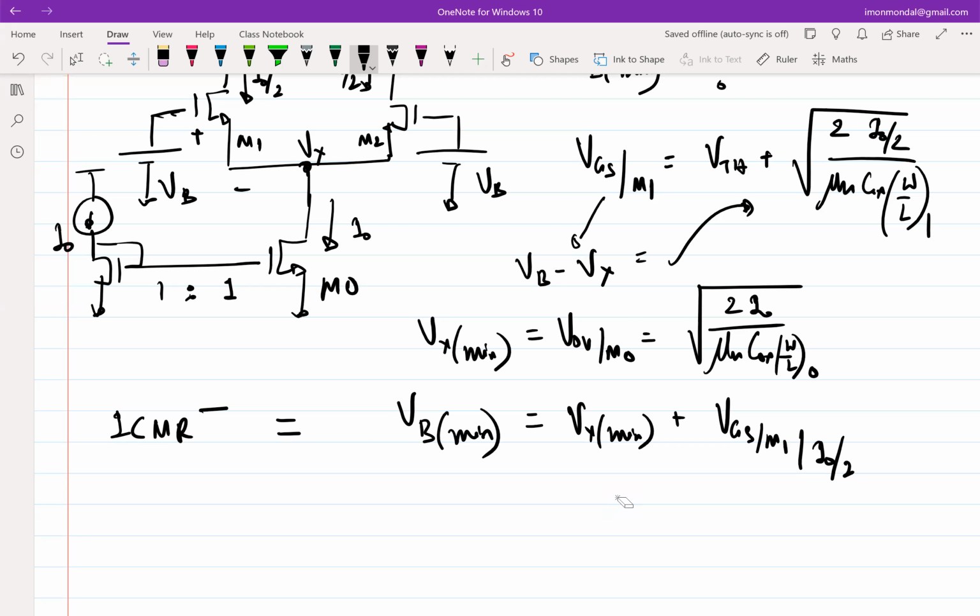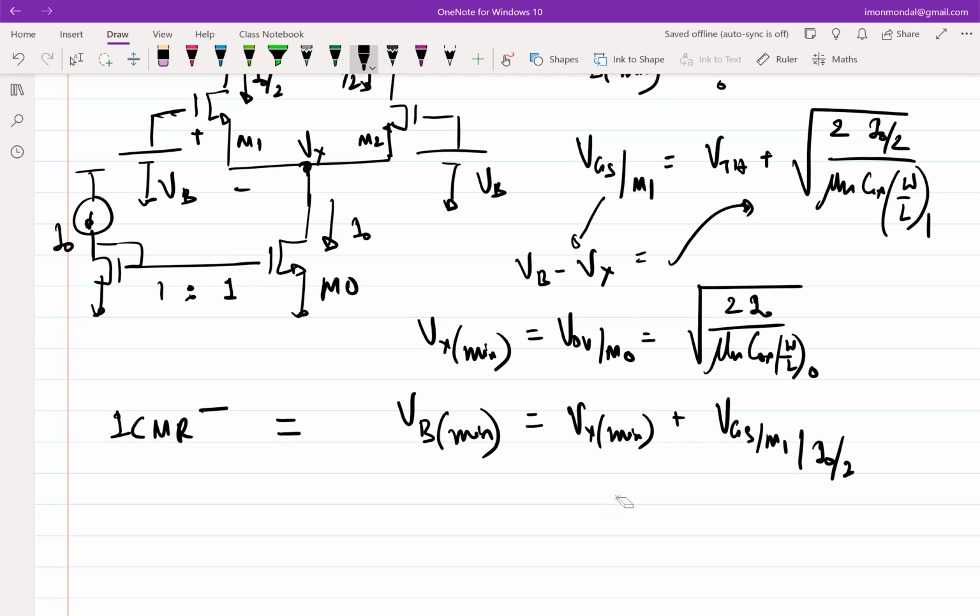Yeah, exactly, right? Very good. So if I know this voltage, I know that VB can go only one threshold voltage higher than that voltage. So ICMR plus, if I only consider the left-hand side, and that is critical, or let me call it VB max for the time being.